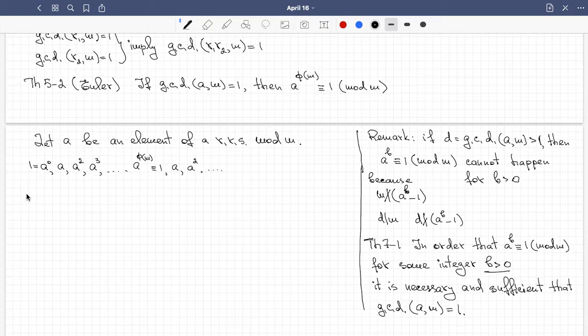The length of such a cycle is no bigger than phi of M, at most phi of M, because we know A to the phi of M is again 1.